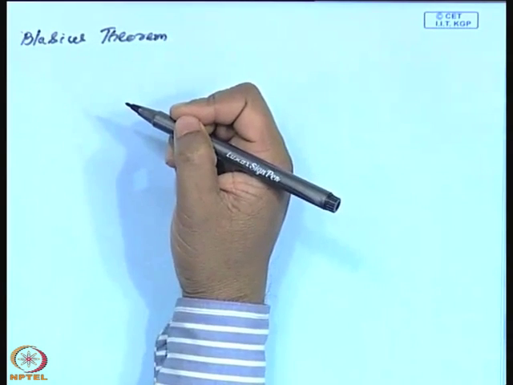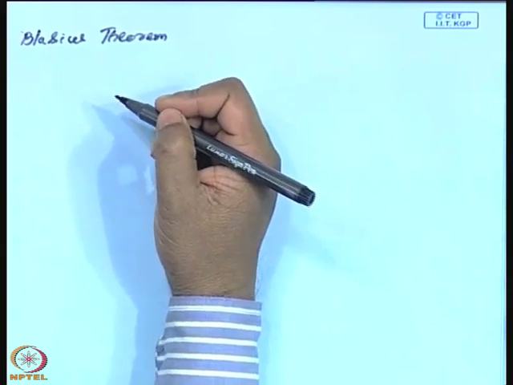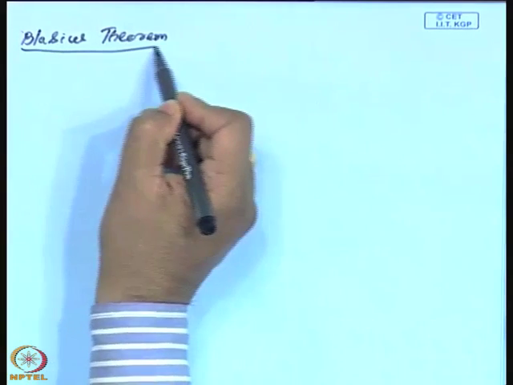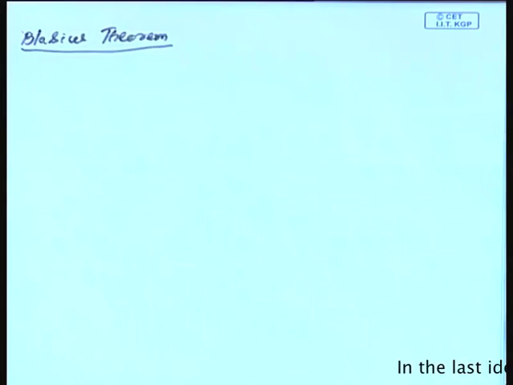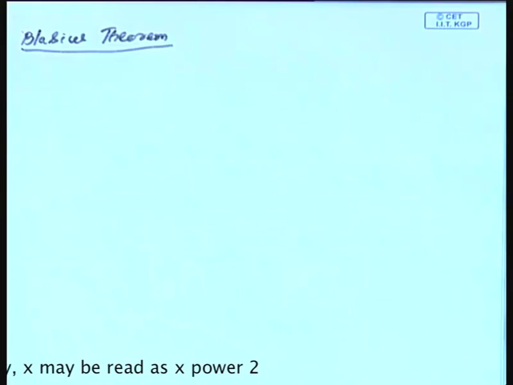And the Blasius theorem. This theorem talks about the components of forces acting on a body or on a boundary when there is a flow.